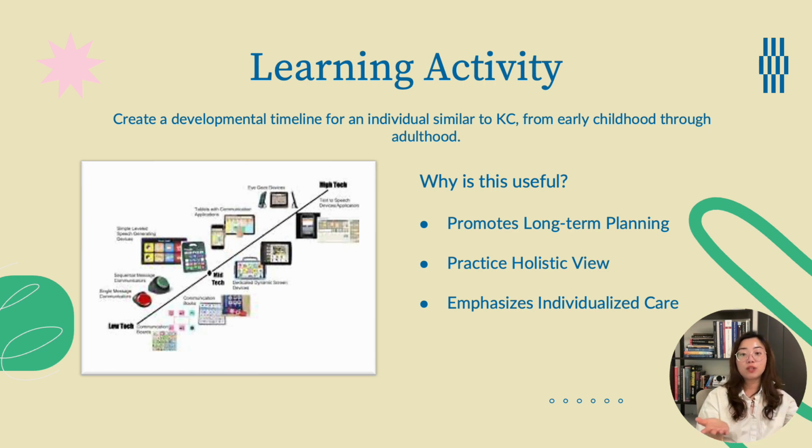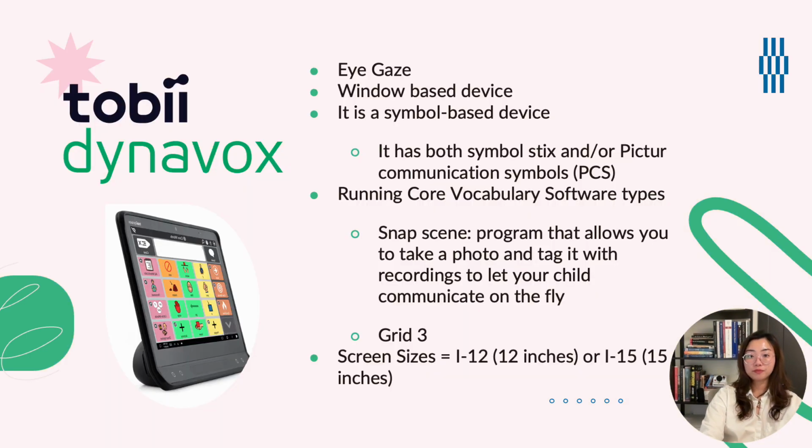And finally, it really emphasizes individual care. We're not just taking a cookie cutter approach to this person, but we're really thinking about what the abilities of this person are and what that person's future can really look like. And so I think this learning activity will help you think about these concepts.